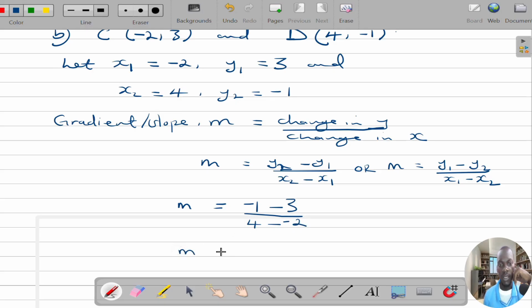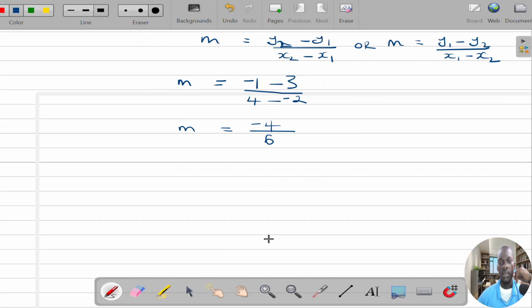As we simplify, this is -4 divided by 4 minus -2. It means we have 4 plus 2, giving us 6. As we simplify further, m equals -2 divided by 3, since we have reduced by 2 by 2 to give us 3.